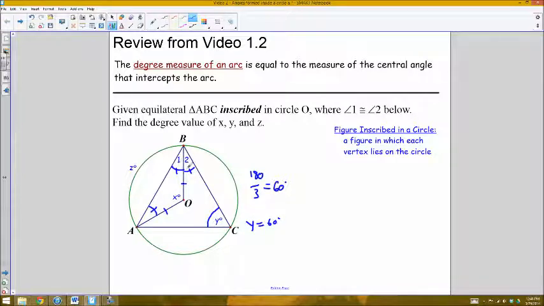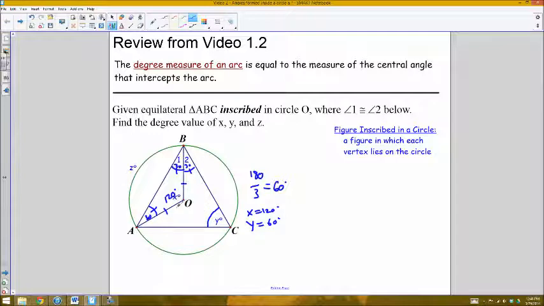Now, angle 1 and 2 were congruent, and since this combined angle, ABC, would also have to be 60, that's going to give me 30 and 30. So angle 1 is 30, which means that angle BAO would also have to be 30. And since that takes up 60 of the 180 degrees inside triangle AOB, that leaves me with 120 degrees for X. So I know that X is 120.